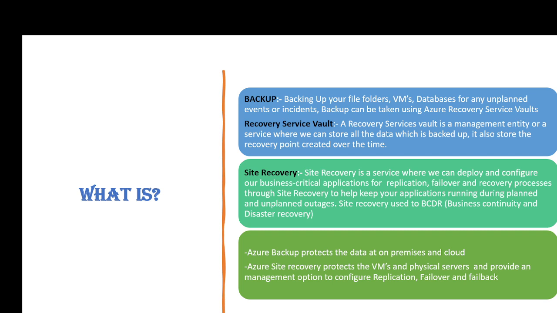Whenever we sync the applications to replicate to another region, in case of any disaster we can call out the DR, and all the applications running in the primary region will be switched over to the secondary region, which is your DR region, to continue your business. We call that BCDR, business continuity and disaster recovery.